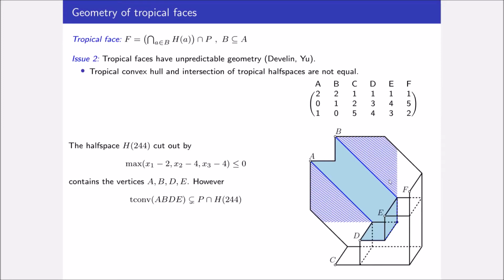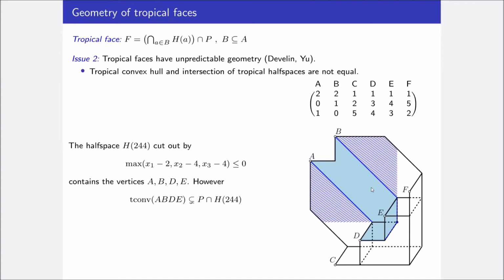And its intersection with the polytope is this big blue flap here. So this should be a tropical facet. But if we look at the vertices of this tropical face and take their tropical convex hull, we get a much smaller subset. And so the first thing we should note is that the tropical convex hull is much smaller than this intersection of half-spaces definition.